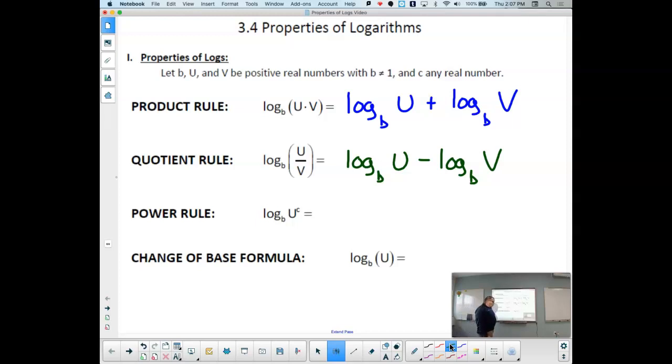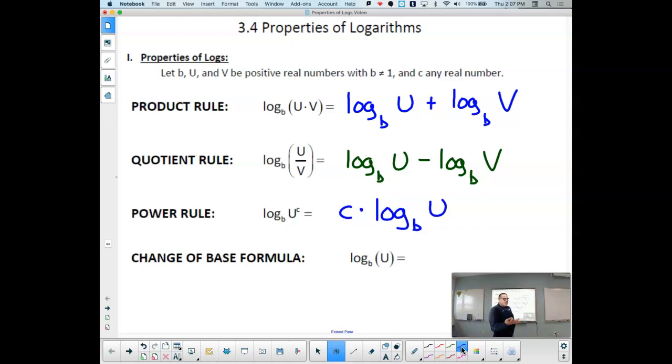And the power rule says if we have an exponent on something that's being controlled by a log, we can simply put that exponent out in front of that particular log.